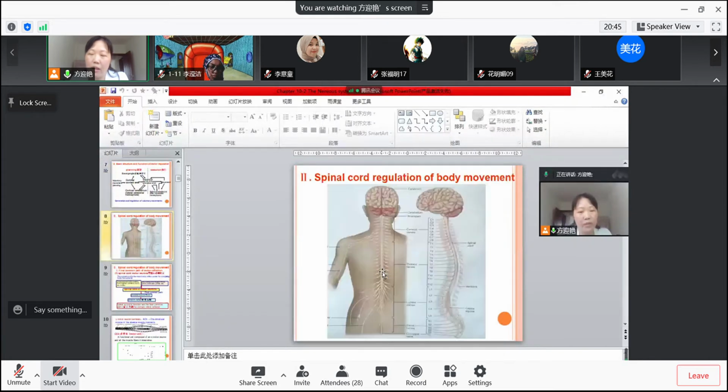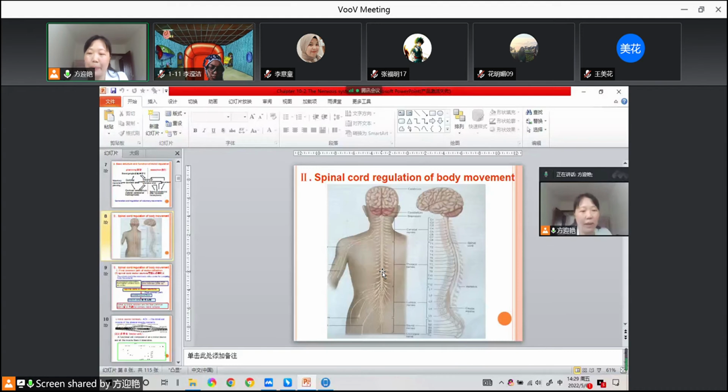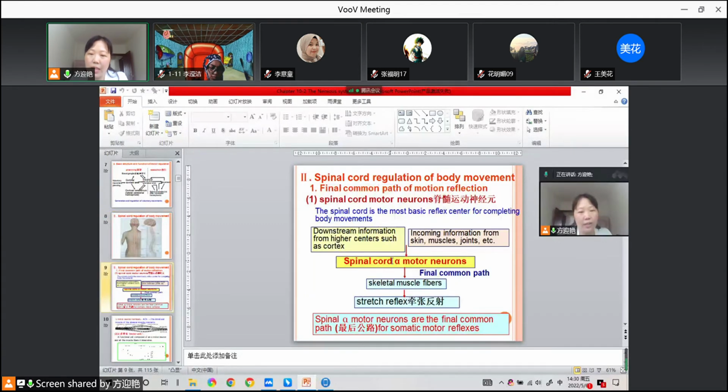We also know that the central nervous system includes the brain and the spinal cord, and the spinal cord is the primary center of the central nervous system. Here we have studied the spinal cord's function in movement, besides the brain's regulation.